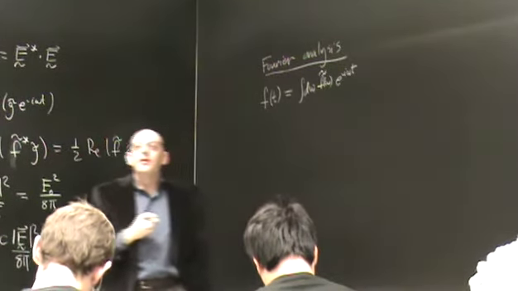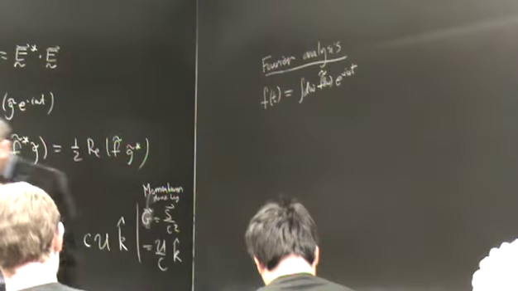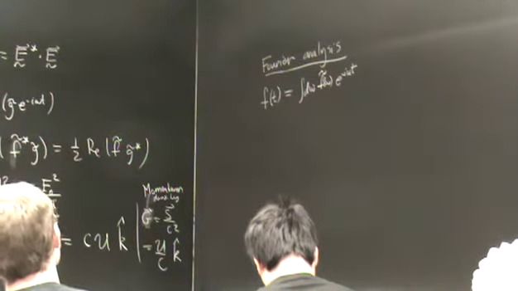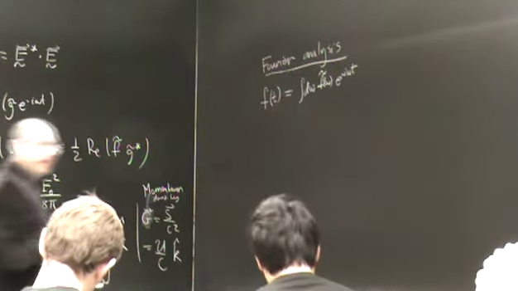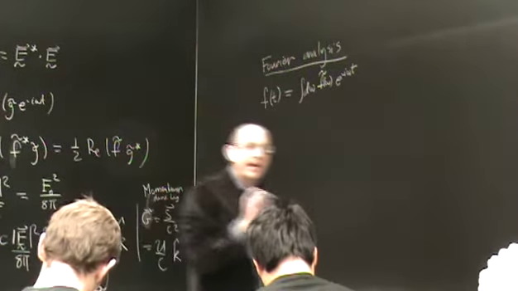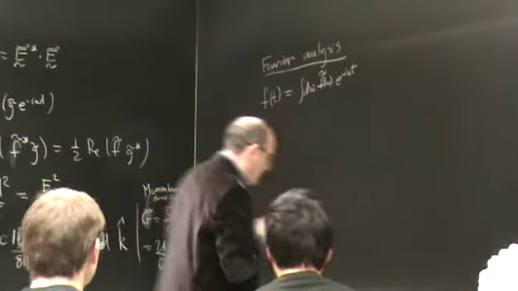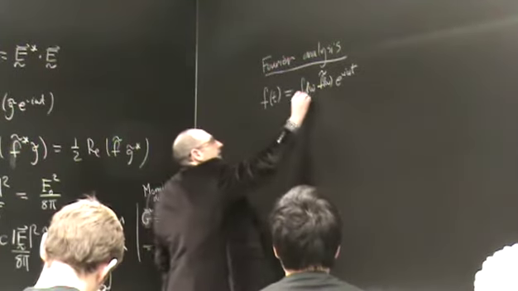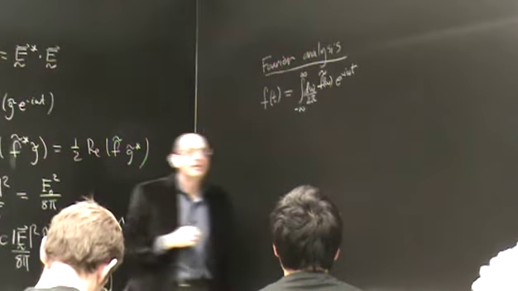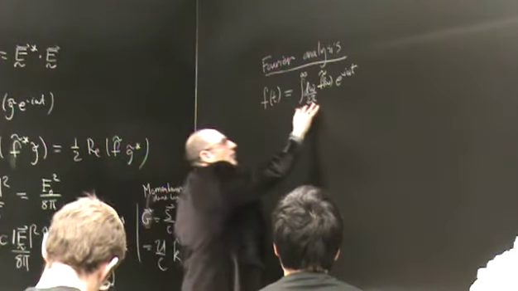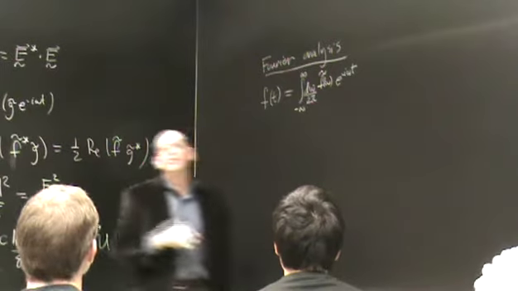Now, in Fourier analysis, there's all kinds of different conventions about these factors of 2 pi that I want to remind you of. The convention we're going to take here is to put the 2 pi in the d omega.